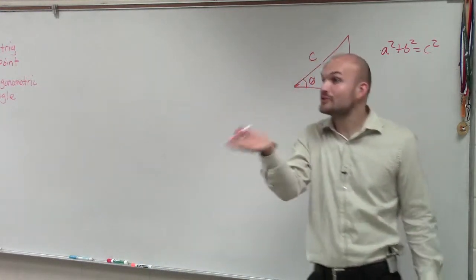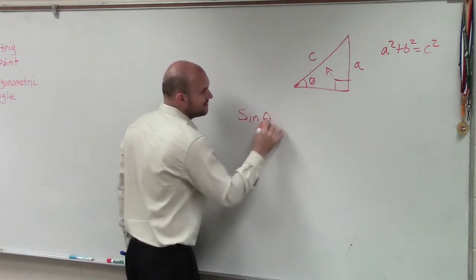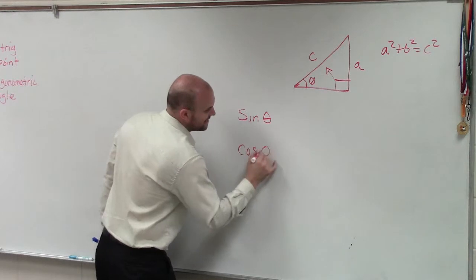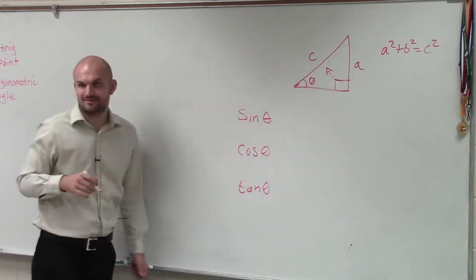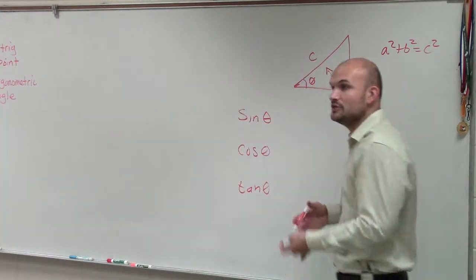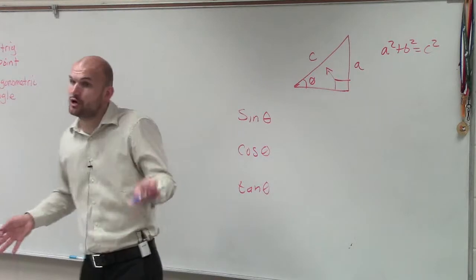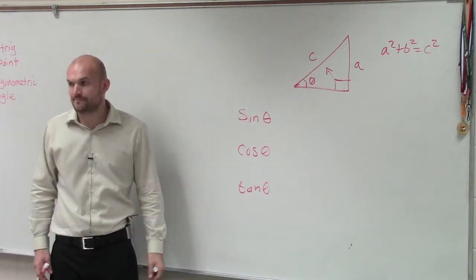Trig functions, right? So what we talked about was sine of theta, cosine of theta, and tangent of theta. So we said, hey, if you can't use Pythagorean theorem, we can use trig ratios, which are the ratios of two side lengths of a triangle: sine, cosine, and tangent.